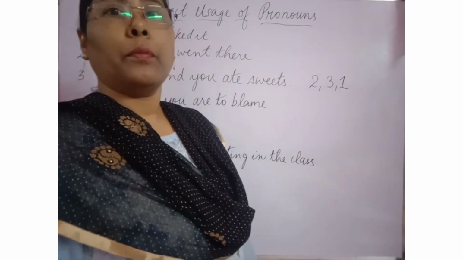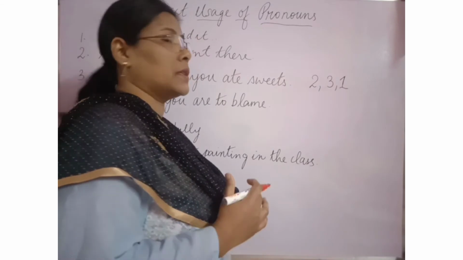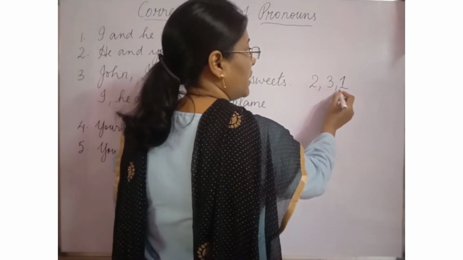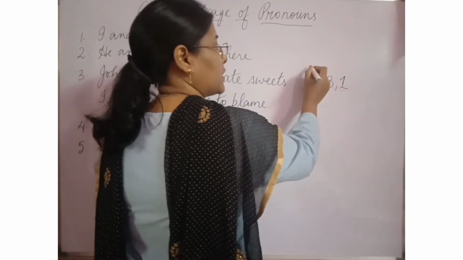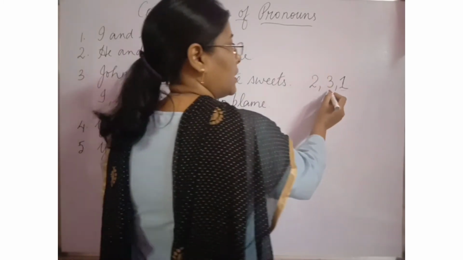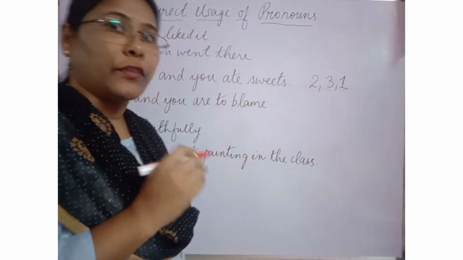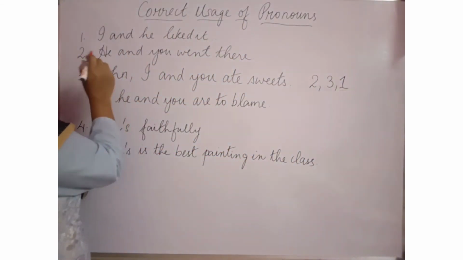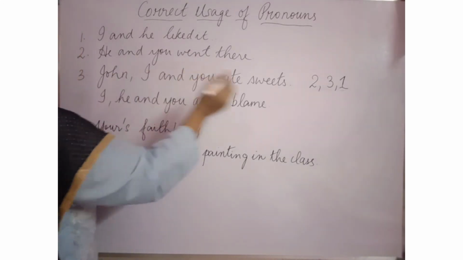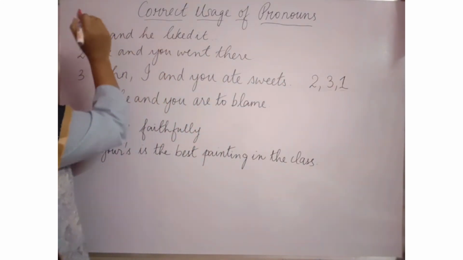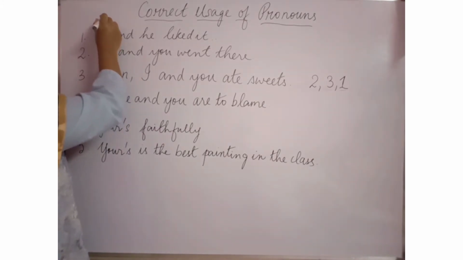Okay, now pronouns use a certain arrangement. Now arrangement is 2, 3, 1. 2 is the second person, 3 is the third person, and 1 is the first person. Okay, now let us cite some examples relating to this. I and he liked it. I is which person? First person.